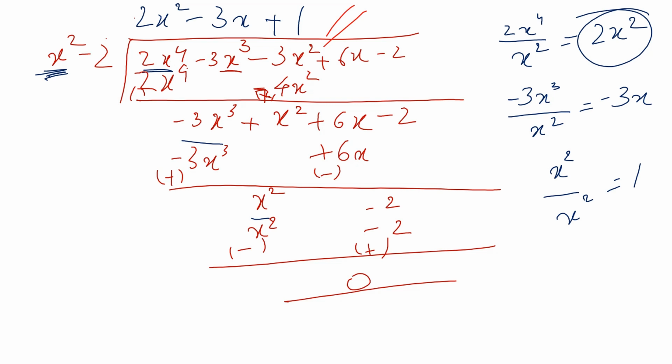What we have to do is split it to get the other two values of x, because that is what is asked in the question, to find the other two zeros of the polynomial. So now we got another factor of that polynomial, that is 2x^2 minus 3x plus 1.